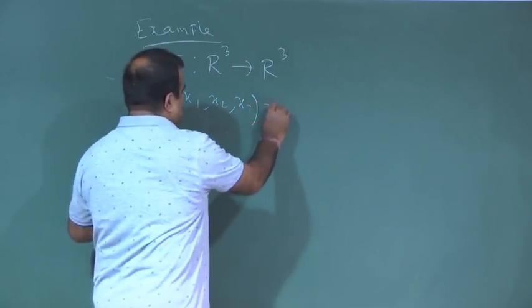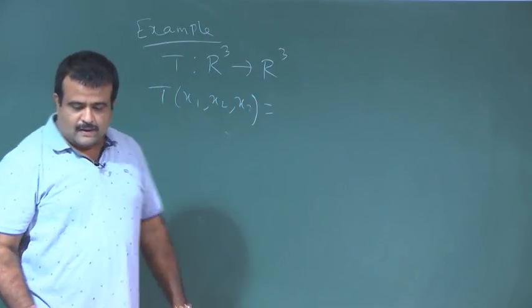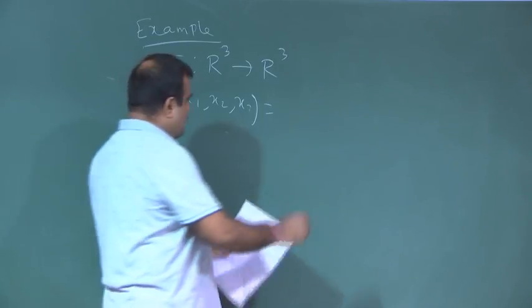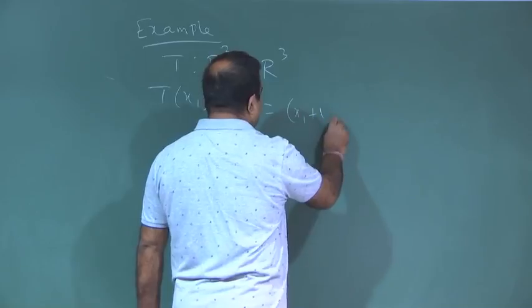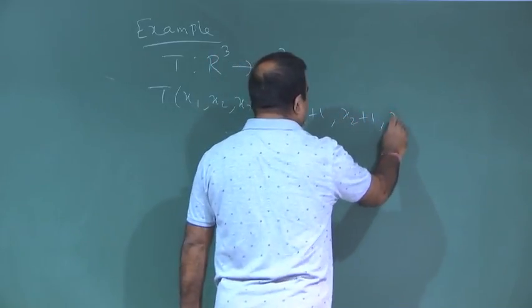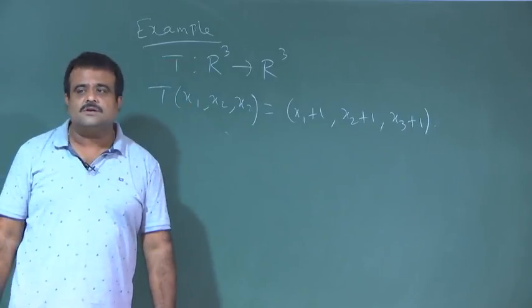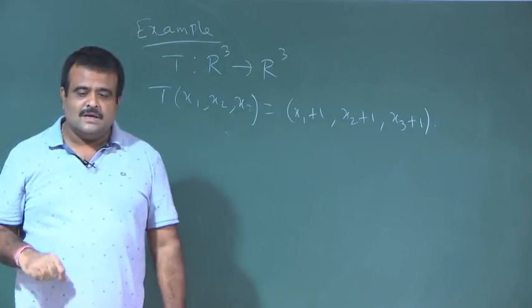We take T of x1, x2, x3 to be x1 plus 1, x2 plus 1, x3 plus 1. This is also a mapping from R^3 to R^3.